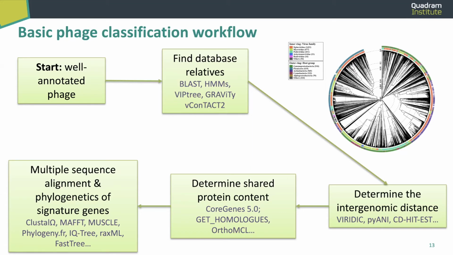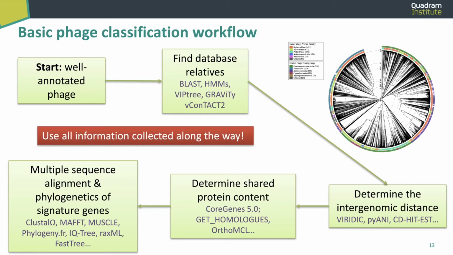This can be of one signature gene, multiple signature genes, or a set of signature genes or core genes together. And when you report it, should you submit a taxonomy proposal, it's best to use all of the information collected along the way.